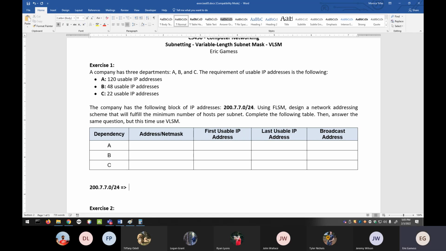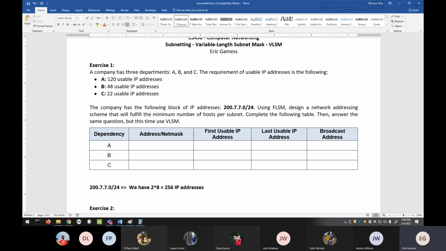In this network, how many IP addresses I have? 256, which is 2 to the power of 8, because the host part is 8 bits. So 2 to the power of 8 is 256. So we have 2 to the power of 8, which is 256 IP addresses in total, no?